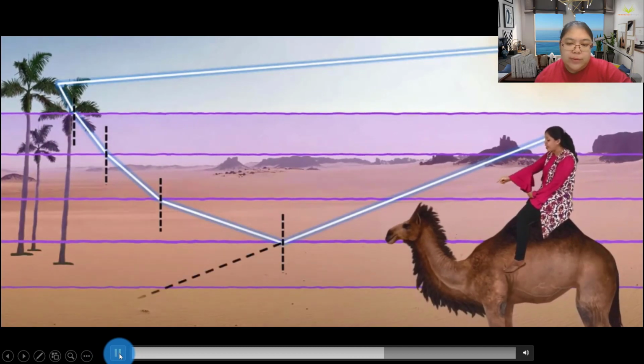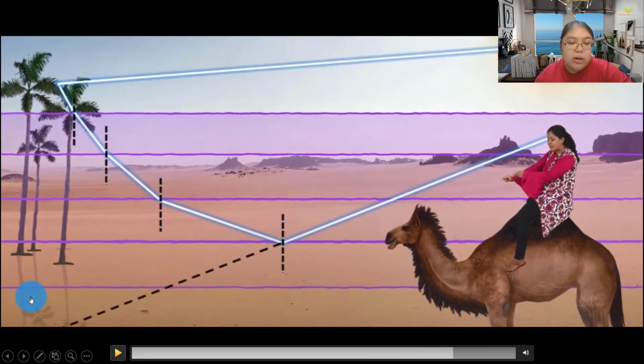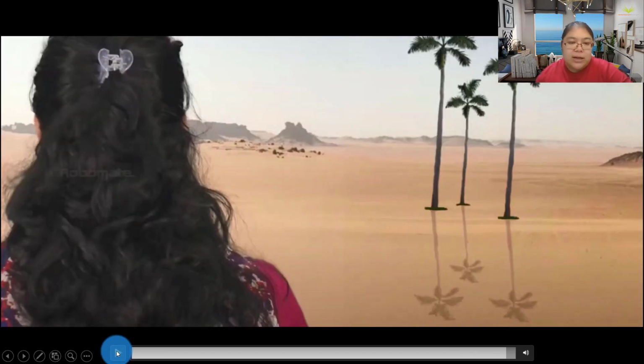Then the observer can see the image on the ground. This is the same as just now. This shows the refraction clearly: until a certain level, they go to total internal reflection, so finally the person can see the image on the ground. But when they get closer, they cannot see it anymore. This whole situation we call a mirage.